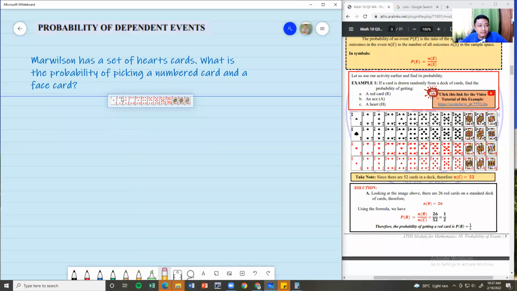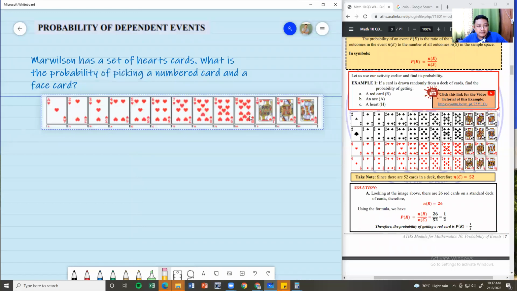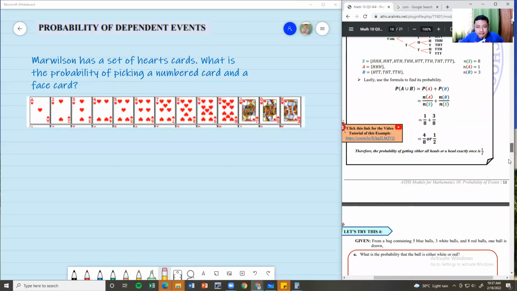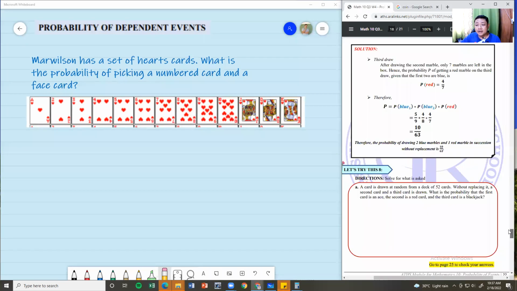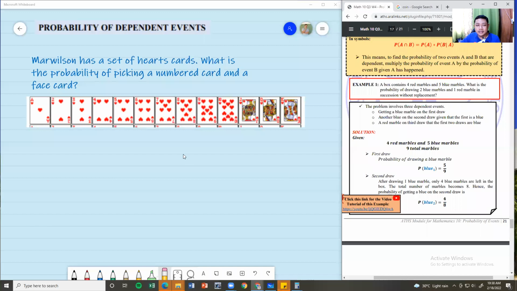So, this is what Mar Wilson has at the moment, the hearts cards. Let me go back to this one. So, what is the probability of picking a numbered card and a face card?